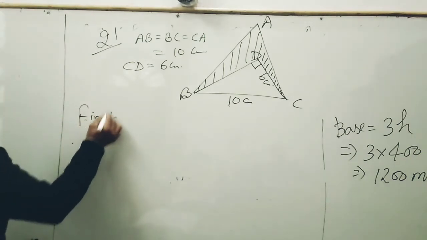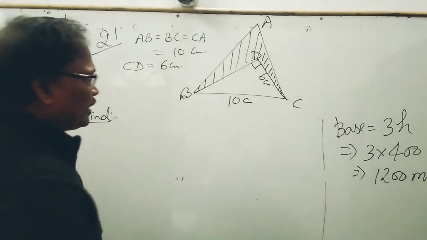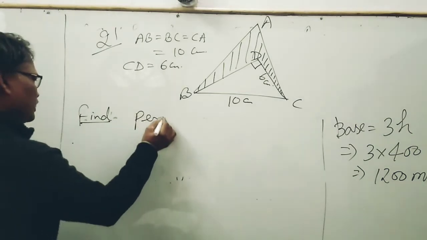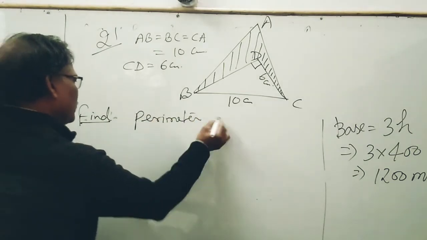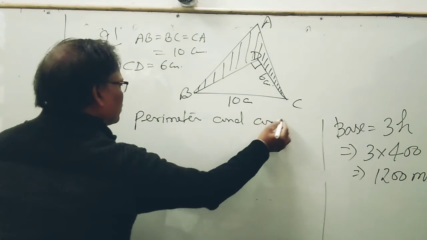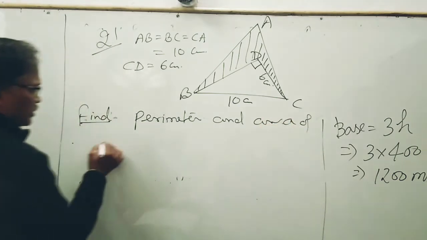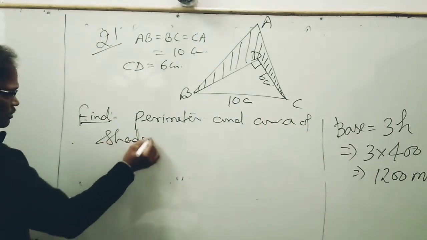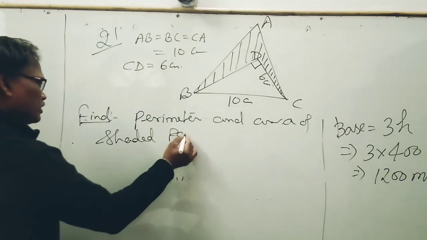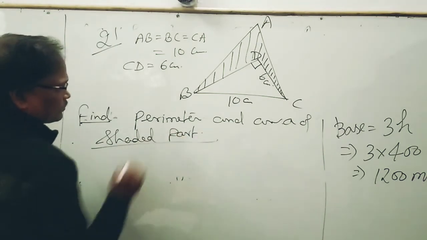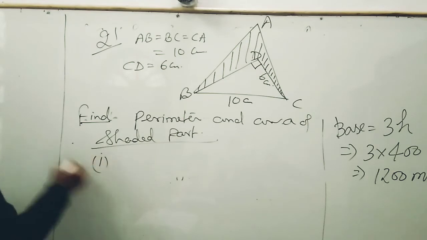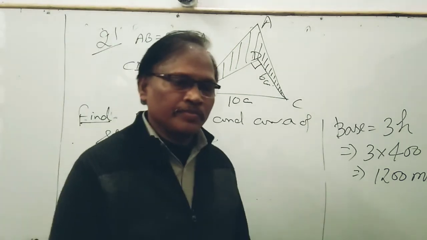Find. एक क्वेश्चन इसमें और ऐड किए दे रहे हैं हम. पेरीमीटर एंड एरिया ऑफ शेडेड रीजन या पार्ट. दिस.